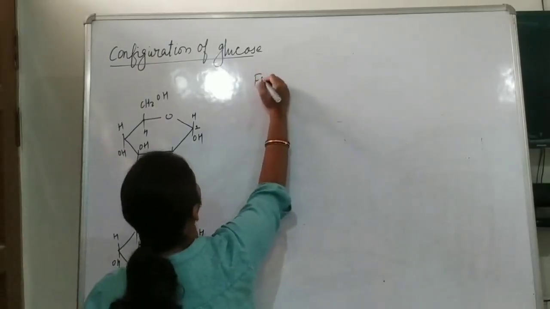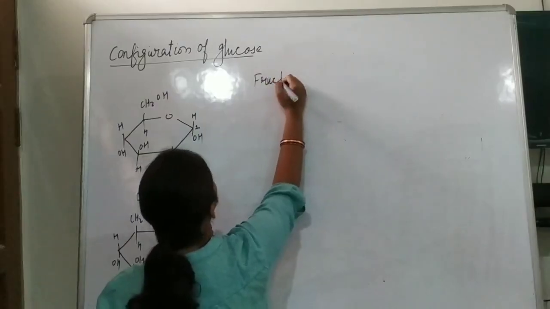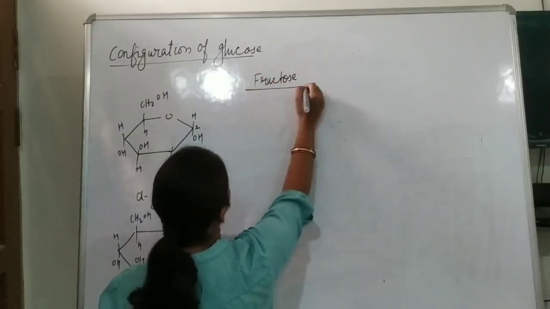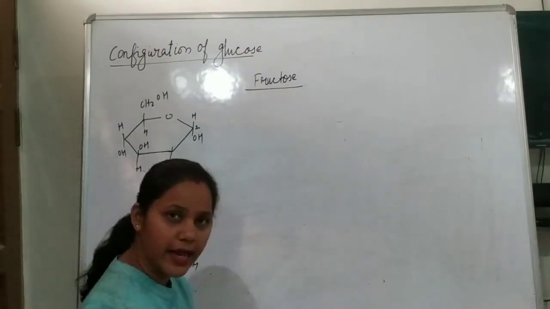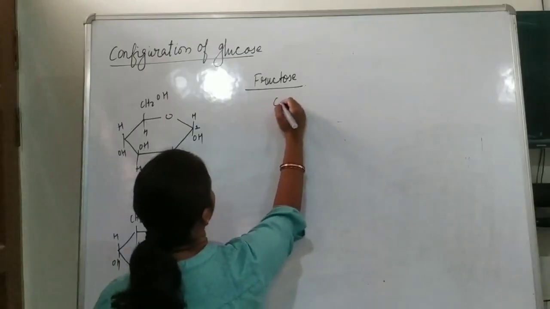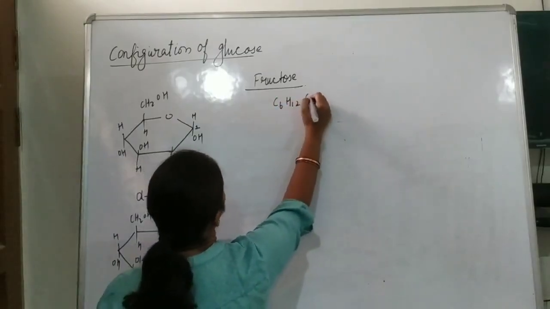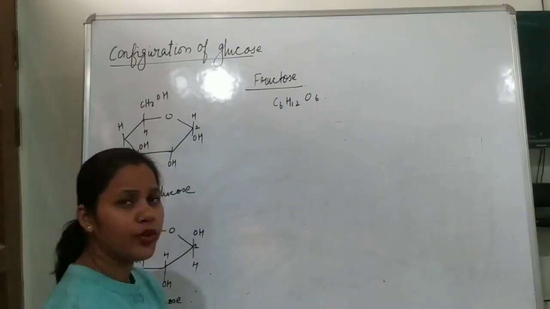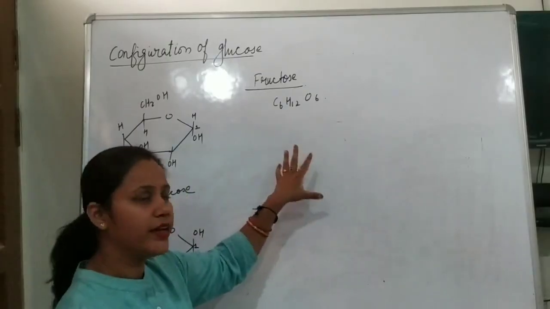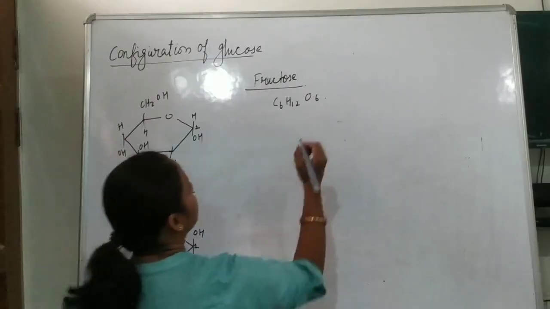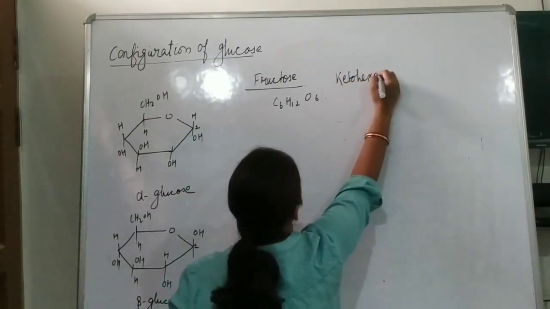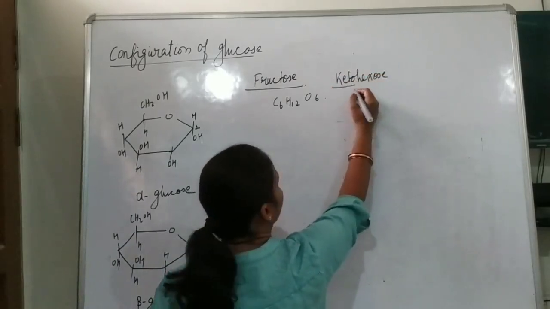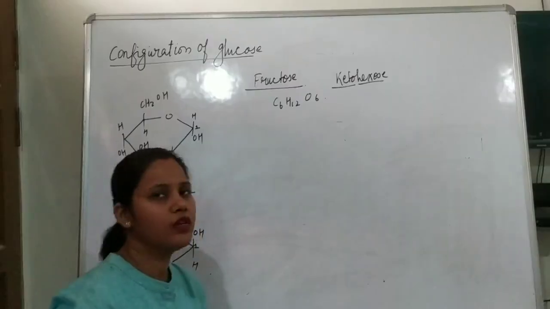It is also known as a ketohexose. Keto is the ketonic group and hex is for 6 carbons.